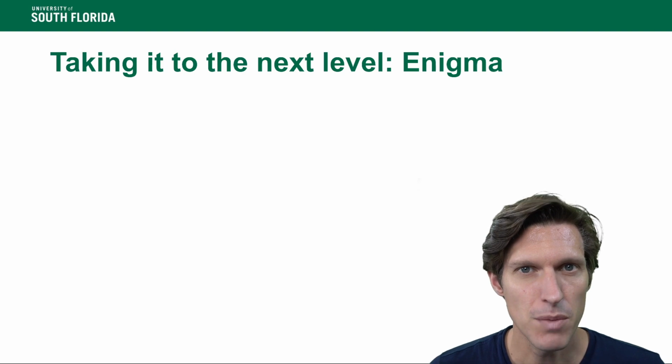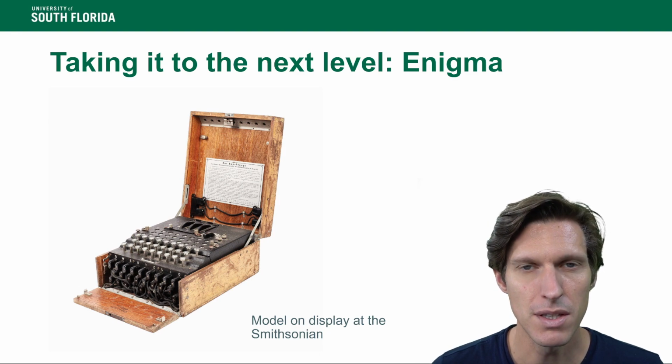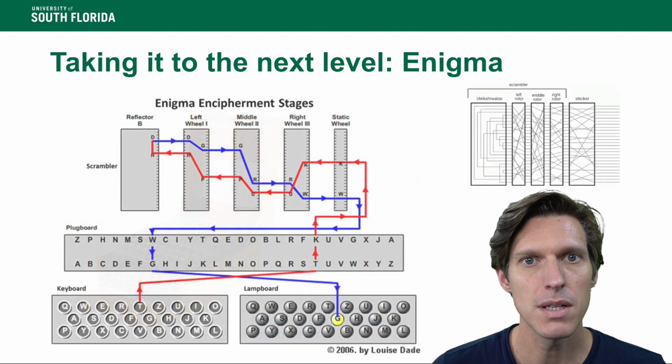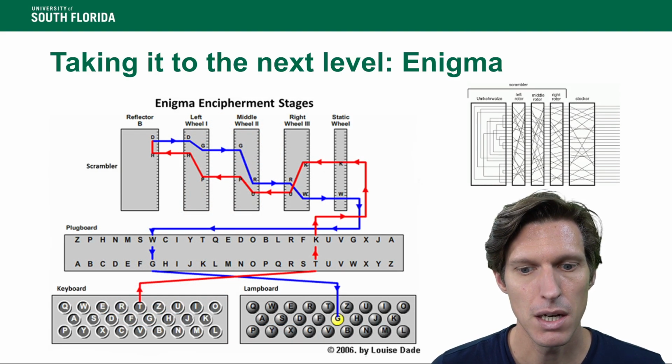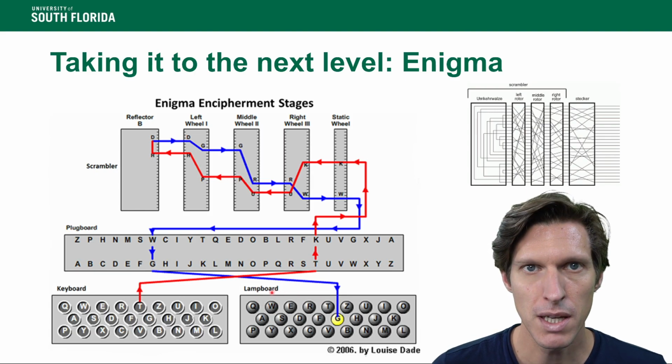Then the idea of substitution can be taken to the next level, one example being the Enigma machine. The Enigma machine was used by the German army during World War II, and it's used by hitting a keyboard, and then there's a lamp board that lights up the letters for each of the keystrokes that correspond to the encryption of the letter.